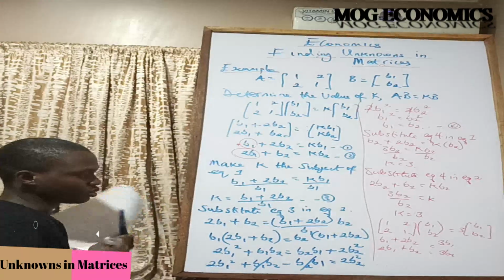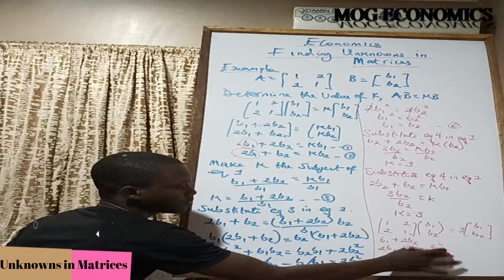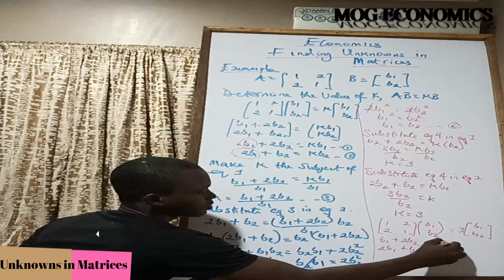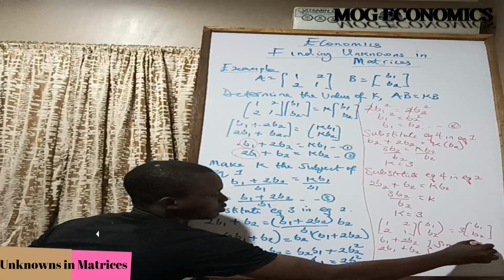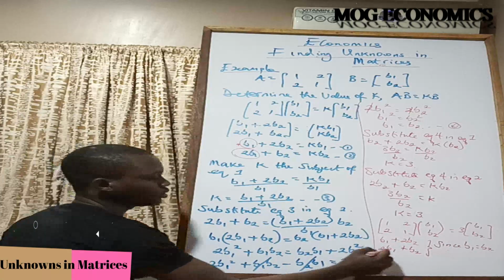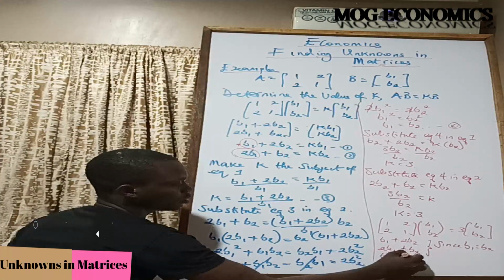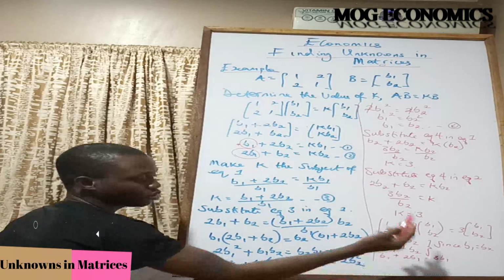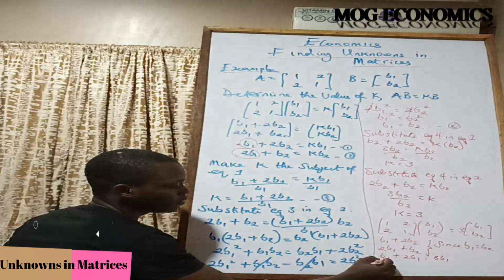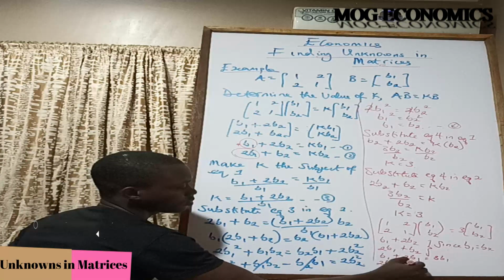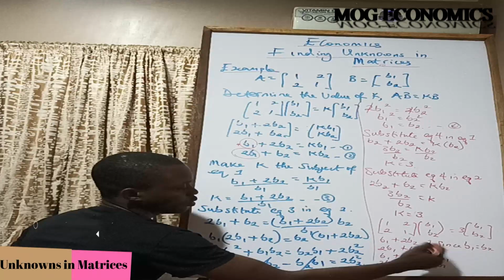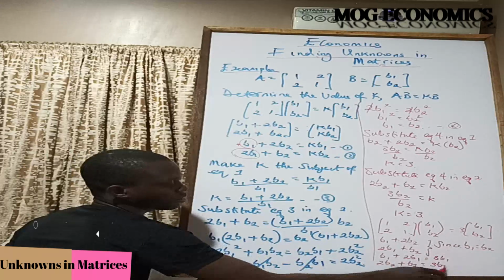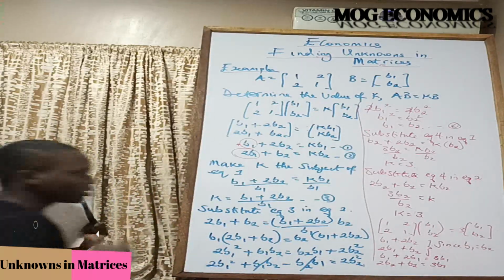Since my B1 is the same as my B2, I could just put B1 here all through. So I'll be having B1 plus 2B1, which will give me 3B1. Then instead of putting B1 here, I could just put B2, because they are the same thing. I'll be having 2B2 plus B2 equals 3B2. So this is correct, because at the end of the day, 3 times B1 is 3B1, 3 times B2 is 3B2. I hope you understand what has happened there.